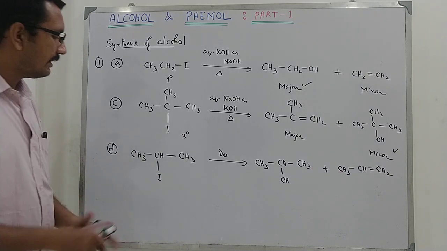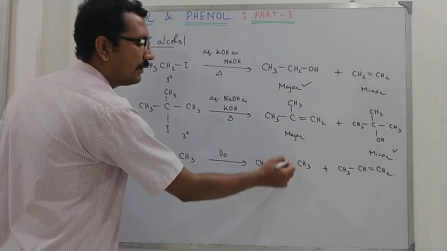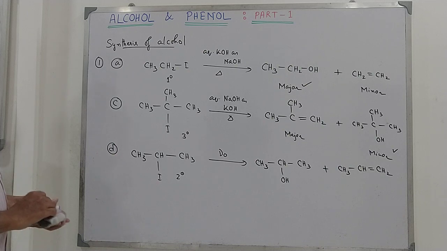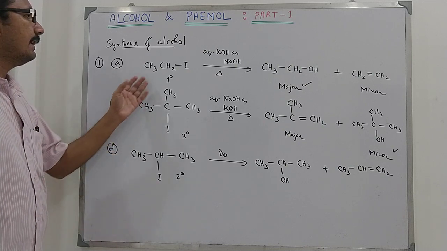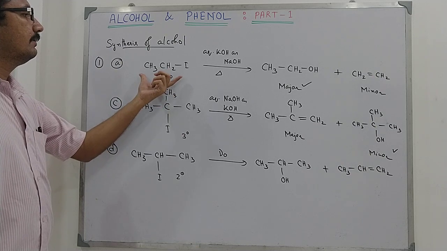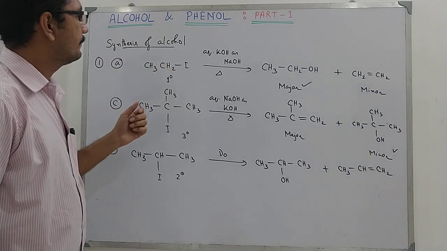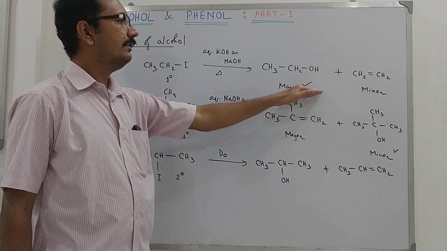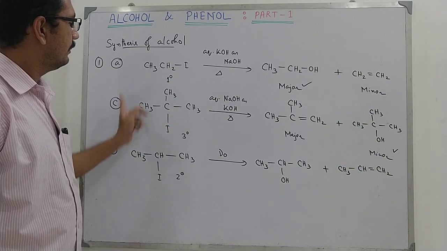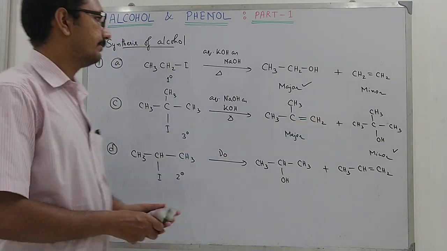So if we start with 2 degree alkyl halide, it will give us a mixture of alcohol and alkene. So to have alcohol from alkyl halides, it is better to start with primary halides, and you can synthesize only primary alcohols. If you start with these tertiary structures, you will not get the alcohol as the major product.